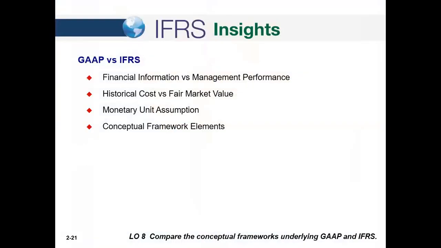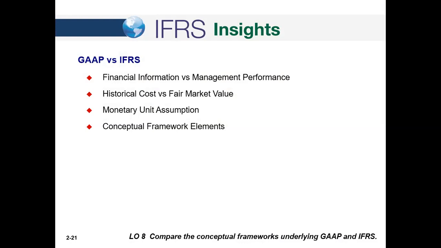All right, and then finally, as I mentioned, as we go through the chapters, I also like to point out some of the differences in GAAP and IFRS related to the concepts in the chapter. So a couple of the similarities and differences. GAAP versus IFRS: financial information versus management performance.